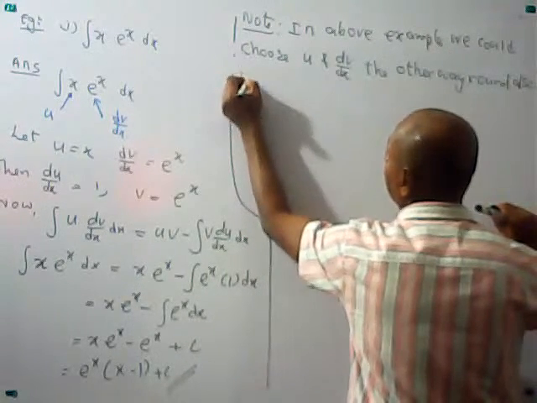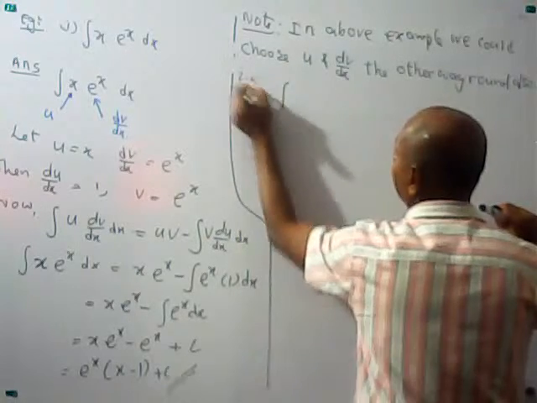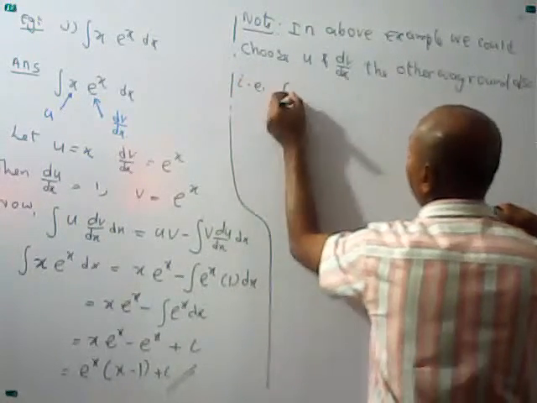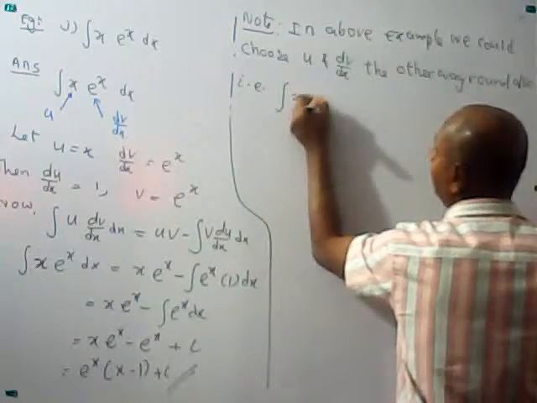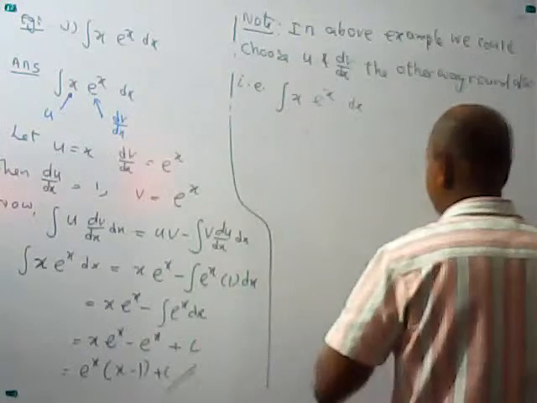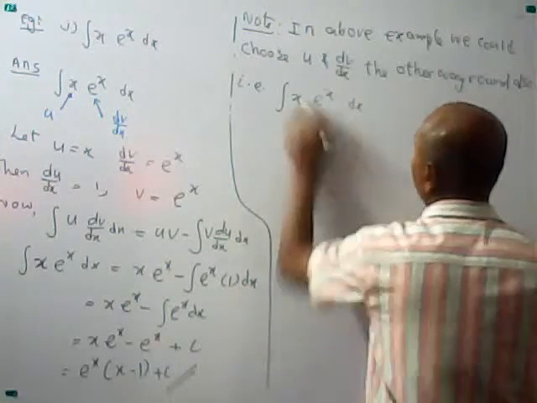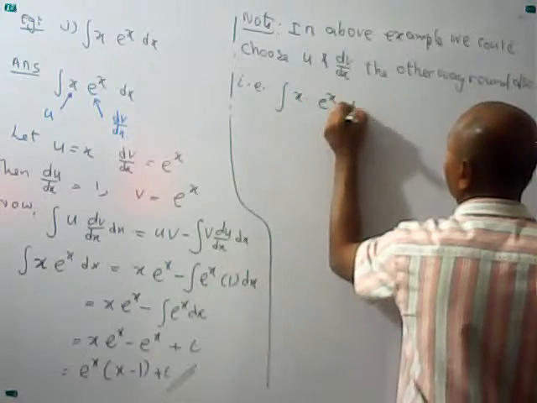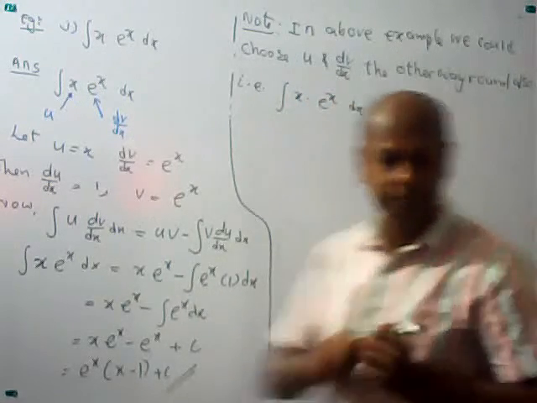That is, you have to integrate x e^x dx, right? This is the problem to solve. This time you are switching them.